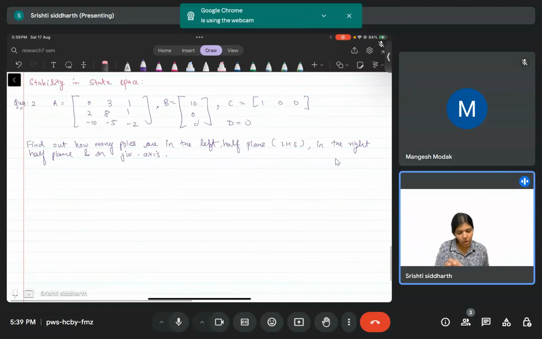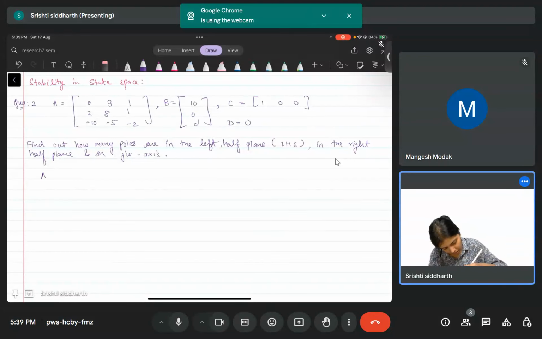Since we are talking about poles, what we are actually talking about is the denominator of the transfer function, and that is nothing but the characteristic equation. So we need to find out how many roots of the characteristic equation are in the left half plane, right half plane, and on the imaginary axis.